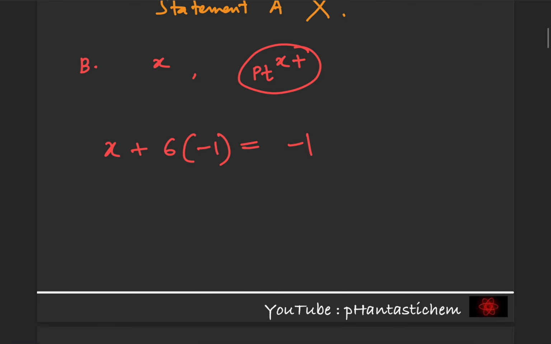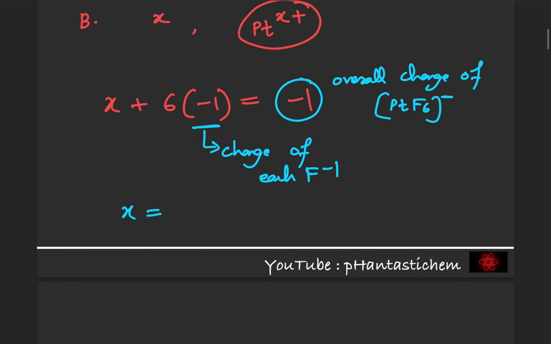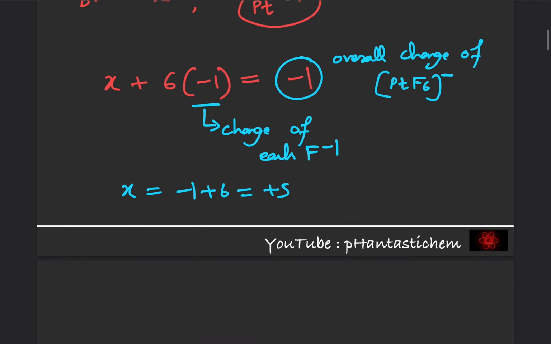This minus 1 is the charge of each fluoride ion, and this minus 1 is the overall charge of PtF6-. Therefore x will be equal to minus 1 plus 6, which is plus 5. So the metal ion is Pt+5.